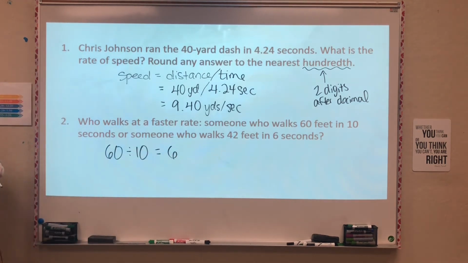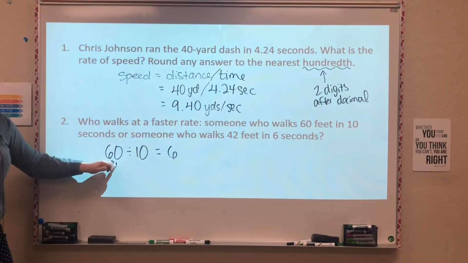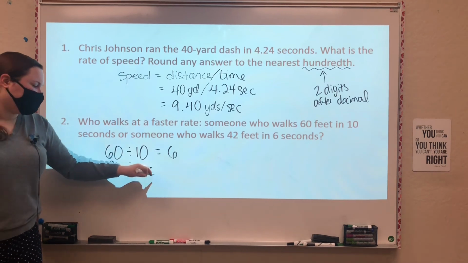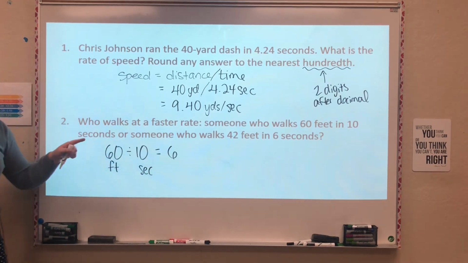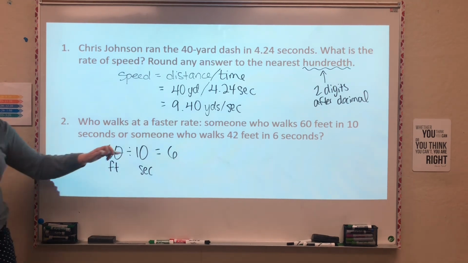What did we just figure out there? Feet per second. Go back to what you did. You did 60 feet divided by 10 seconds. So we're figuring out here 6 feet per second.